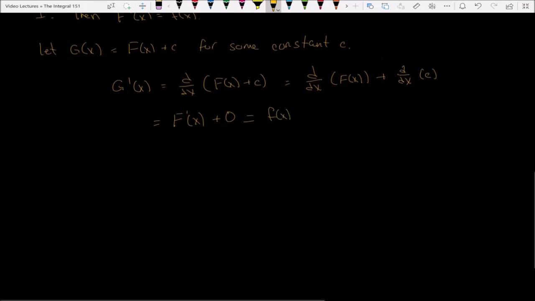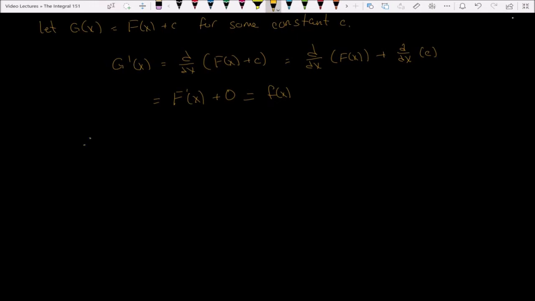So g prime of x is equal to little f, and therefore g of x is an antiderivative of little f of x. That is what we wanted, and so the proof is complete.